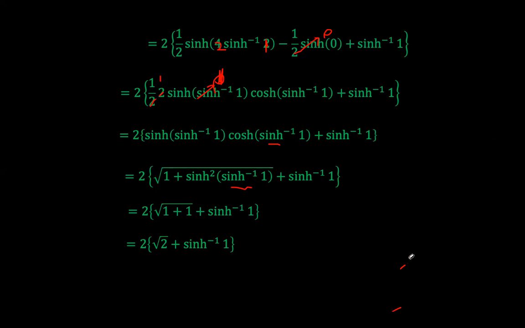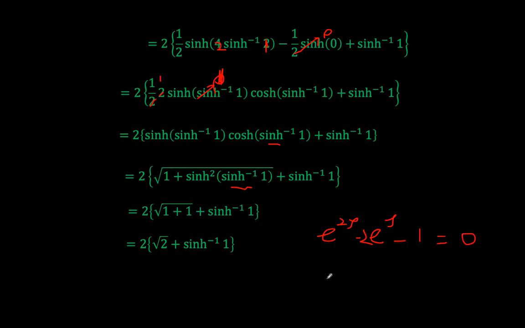Let's erase this. Get our pen. We have e to the power 2y and e to the power y. This is 2 squared minus 1 is equal to 0.